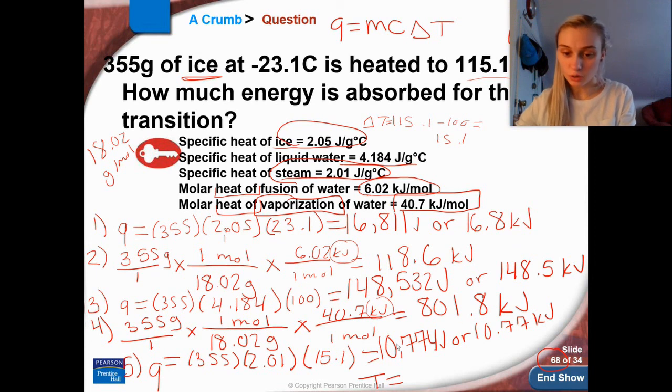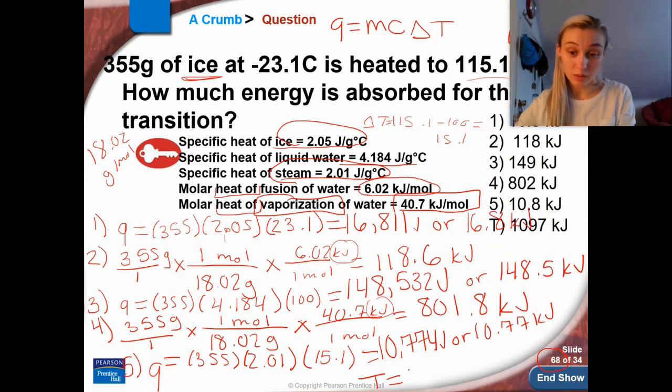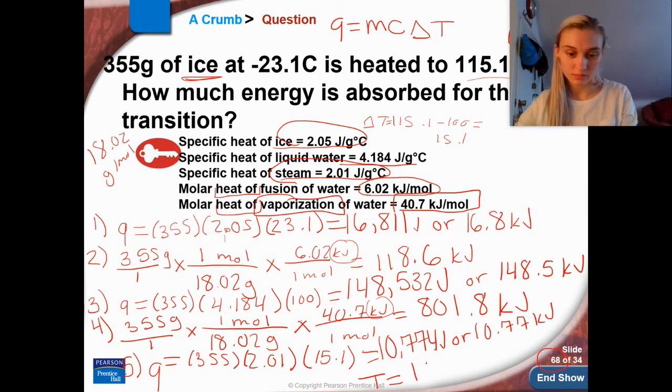And so we get our total to be, and I'm rounding here, 1,997 kilojoules, and this is our total.